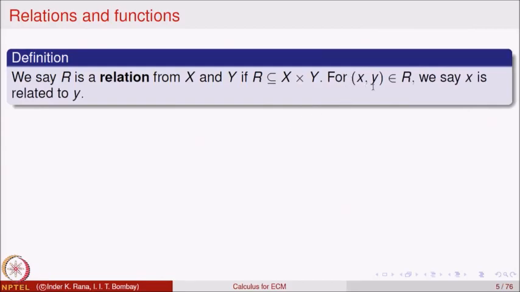If an element x comma y belongs to R, so there is an ordered pair, we will say x is related to y. Okay. So, that is how we read and understand it.